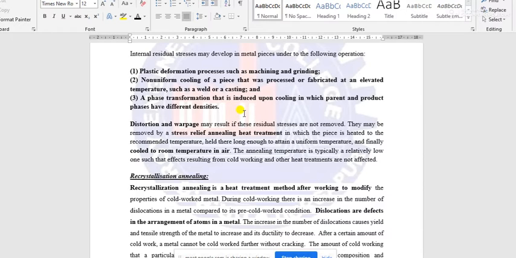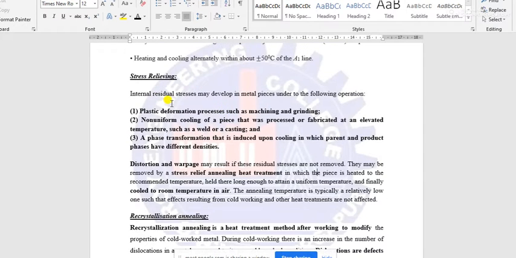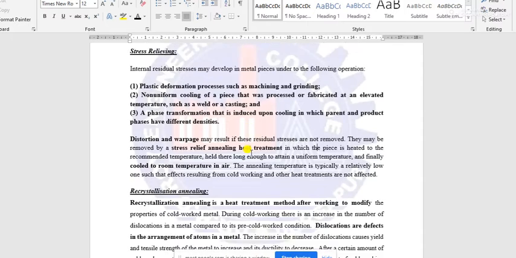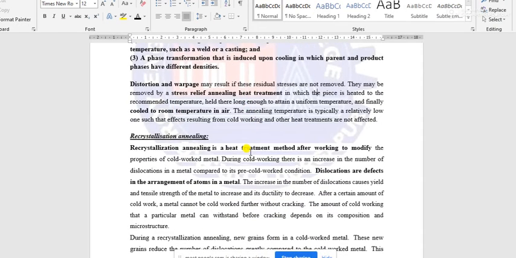You have studied the phase diagram of iron, and in the case of phase transformation, these types of residual stresses may be imparted to the metal piece.